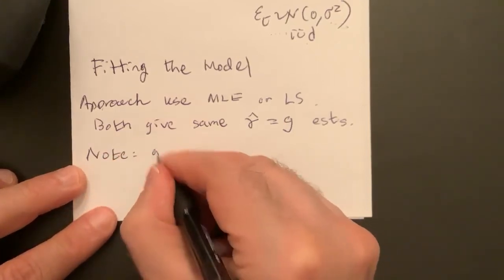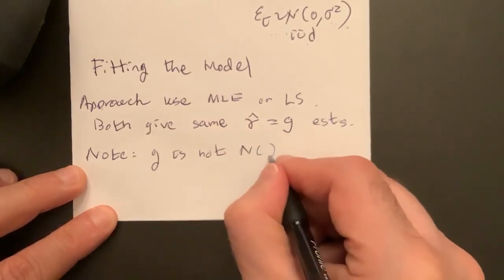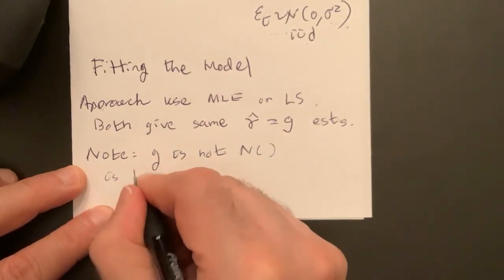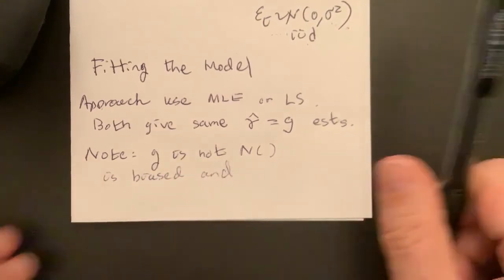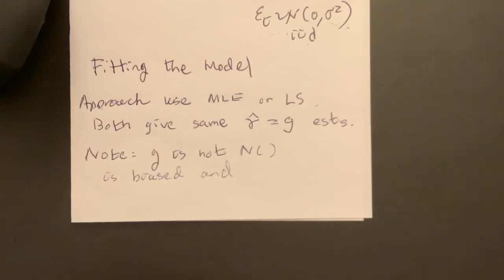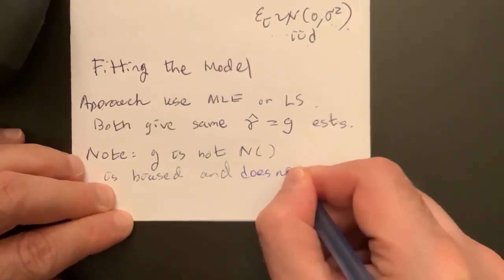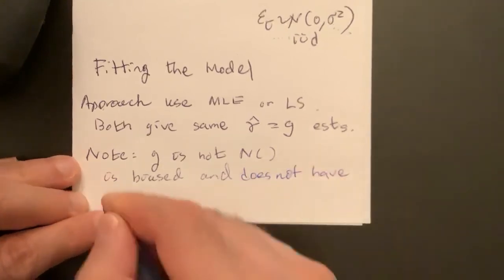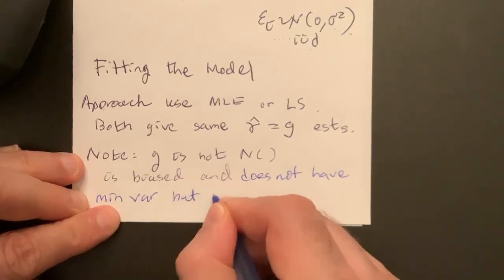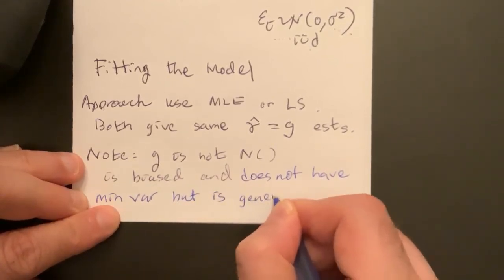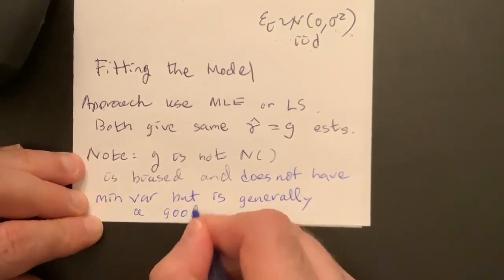G is not normally distributed, is biased, and I'm running out of ink, and does not have min variance, but is generally a good estimator.